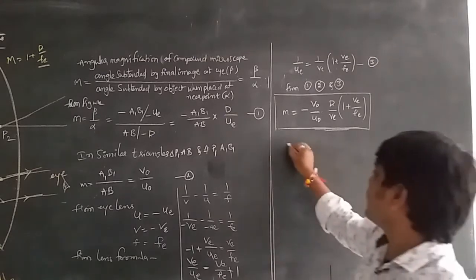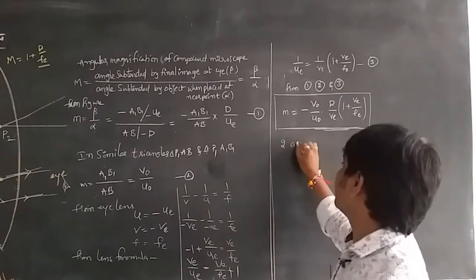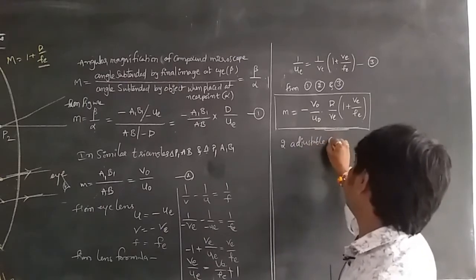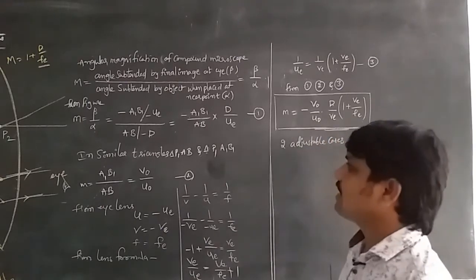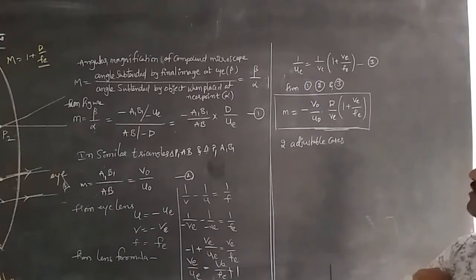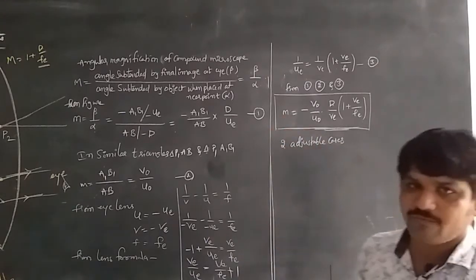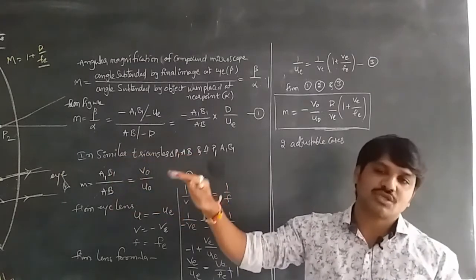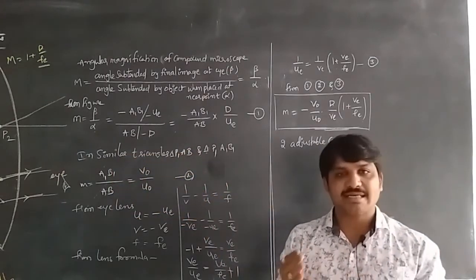So there are two adjustable cases. Already in the earlier case of the simple microscope, we had the image formed at infinity and the image formed at a near point.